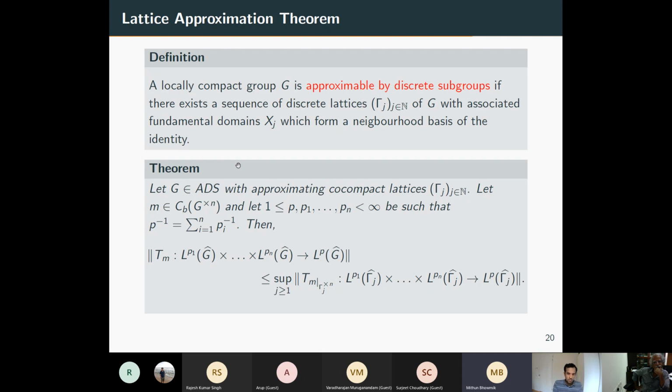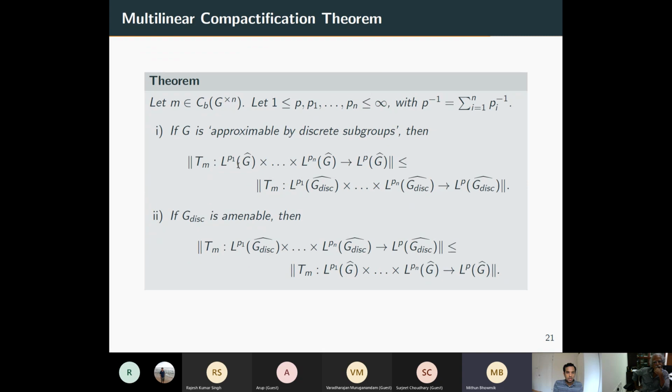And there's also a multilinear compactification theorem, although this is not much of a change from the linear case in terms of the proof, which tells you that, just like in the abelian case, you can go between the group and the discretized group.